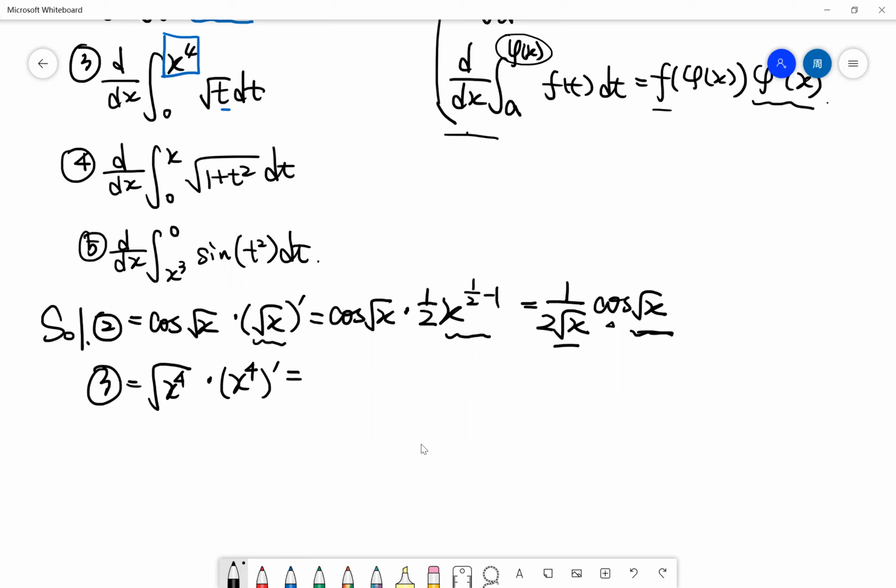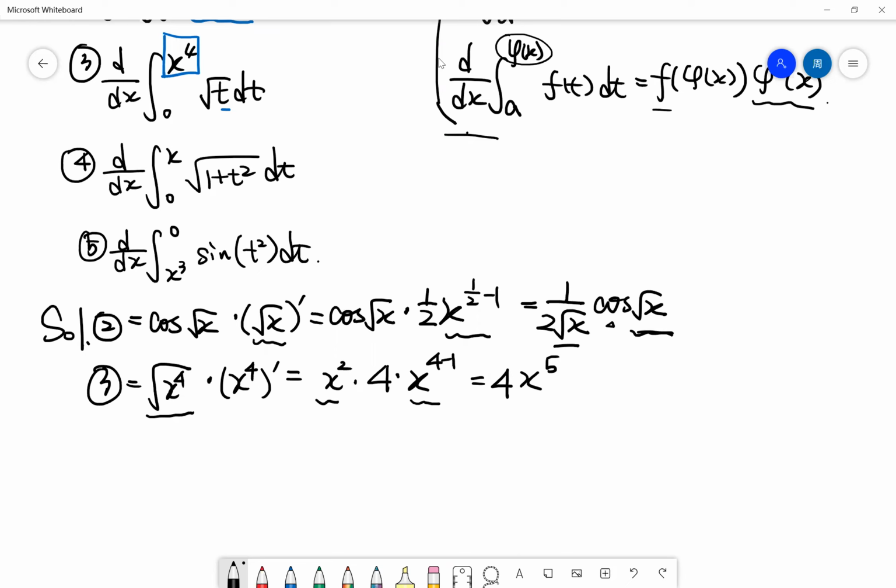So that equals first part, that is x squared, and second part, that is 4 times x power 4 minus 1, right? So that equals 4 x power 2, x power 3, so means 4 x power 5 here. So this is the solution for number 3. Any questions here?